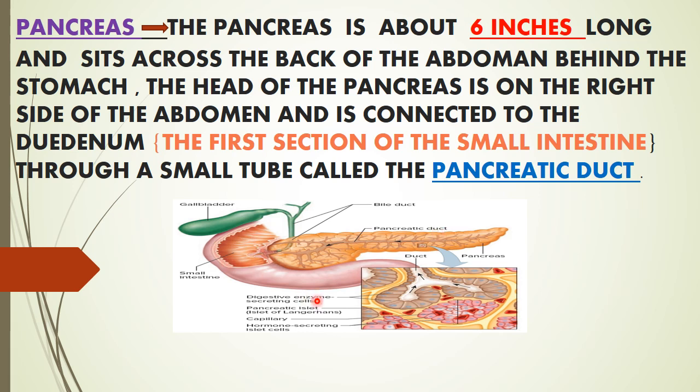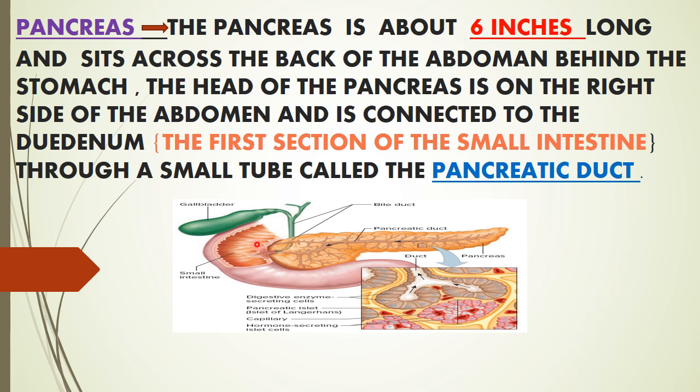This is the small intestine. This shortest section of the small intestine is called the duodenum. In previous slides we already discussed that the duodenum is the shortest segment of the small intestine.